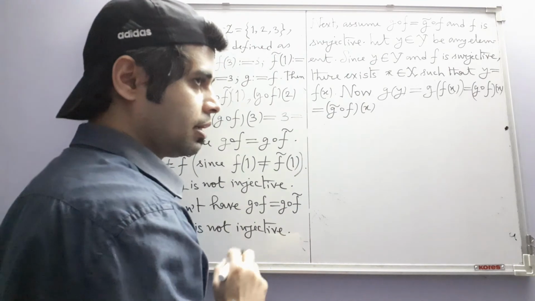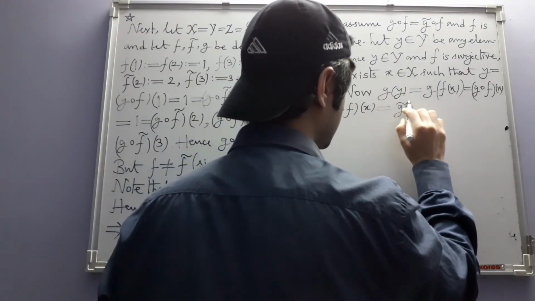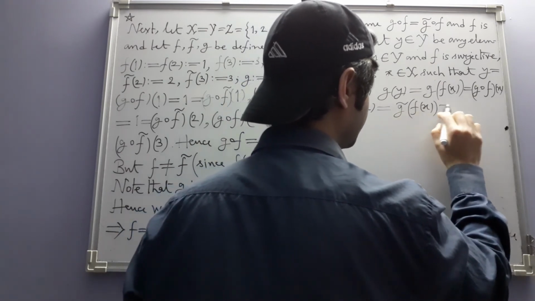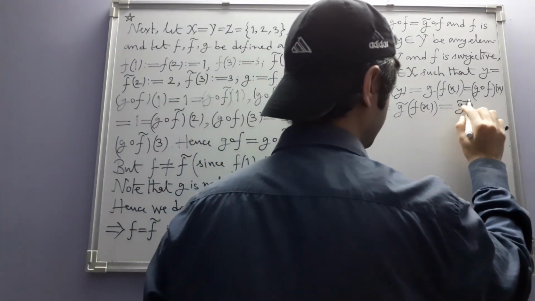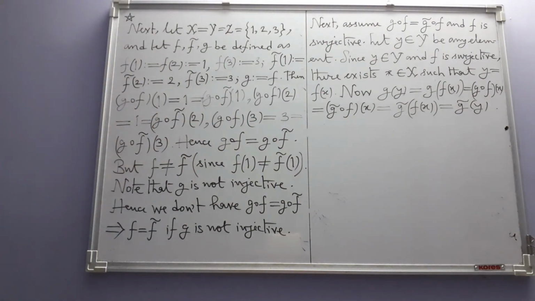So at x they will have the same value. This again is equal to G tilde of F of x by the definition of composition of mappings, and here we replace again F of x by y. So what have we got here?